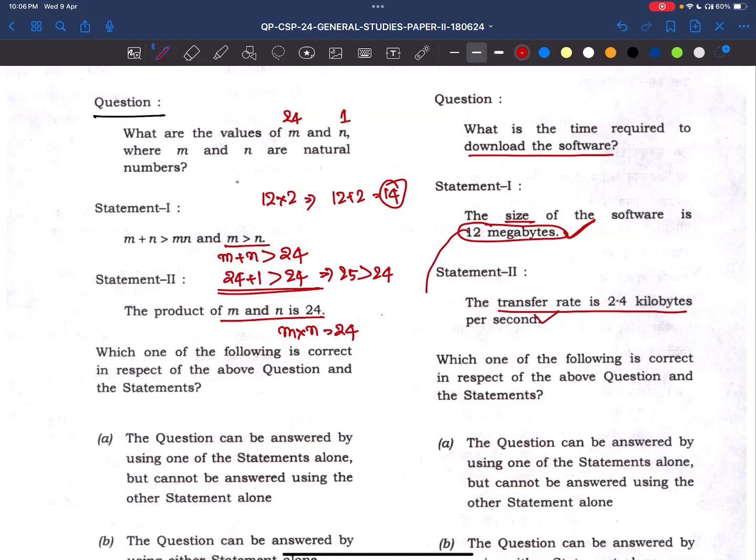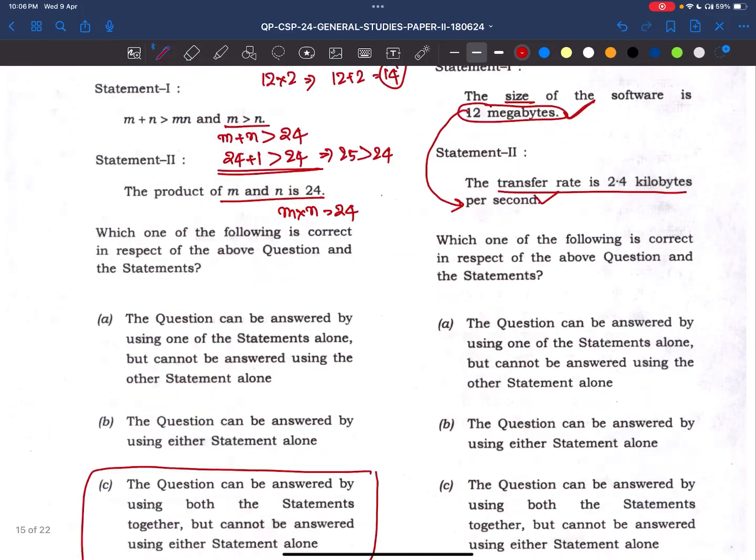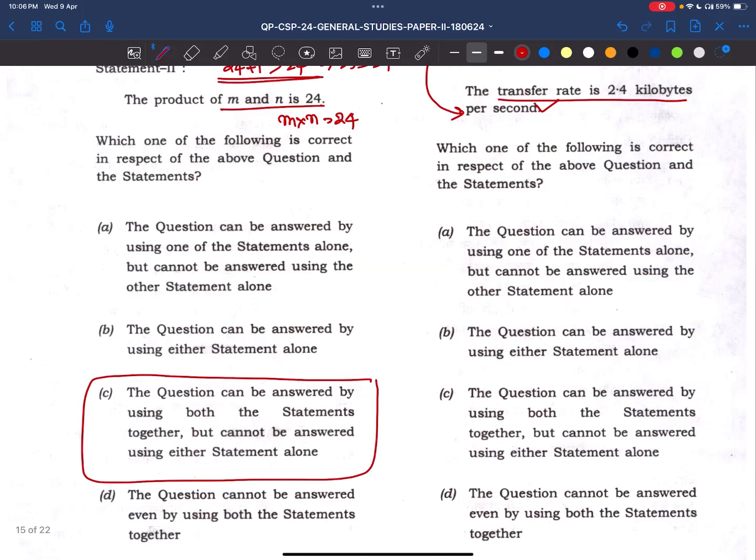So size divided by transfer rate, we get the time required. That means we need both the statements to answer the question, and it can't be answered using either statement alone. Answer is C.